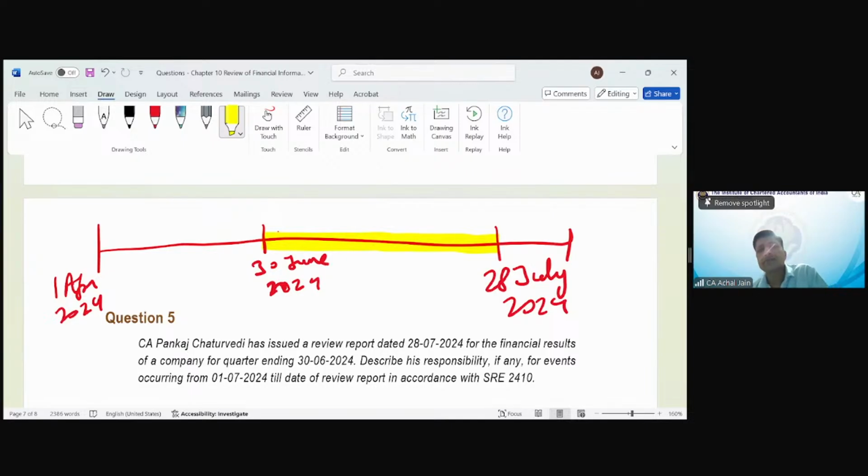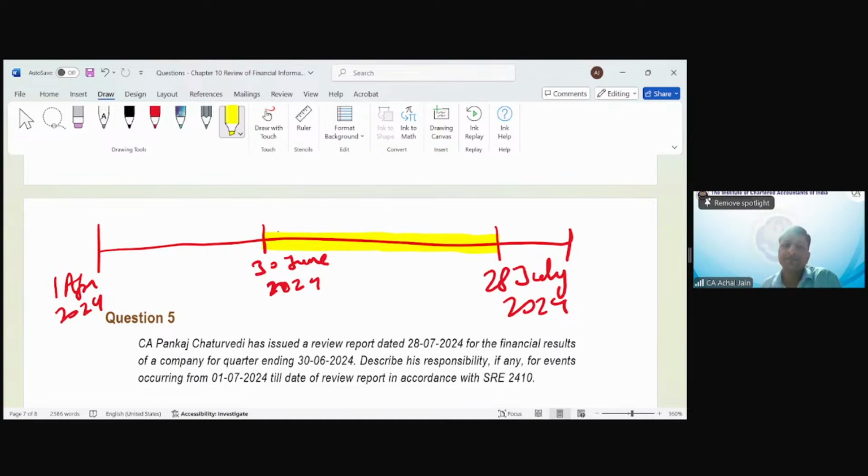Yes, sir. Here SRE 2410 is applicable as well as SA 560 on subsequent events. In subsequent events, if any significant matter or transaction is involved from 1st July 2024 till the date of the report, the auditor should make inquiry with the management whether the significant matter is appropriately accounted for and disclosed or not.